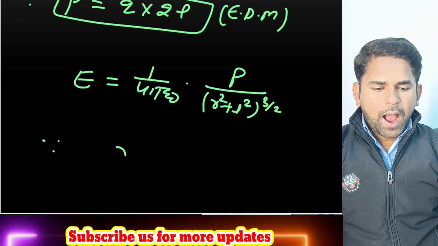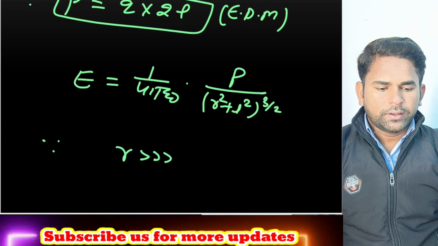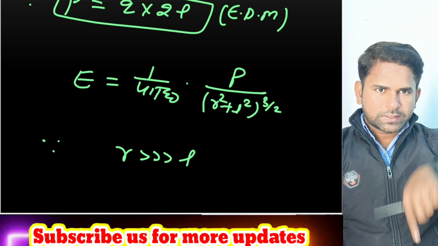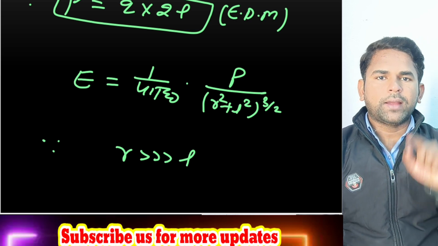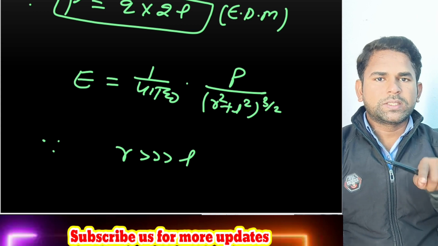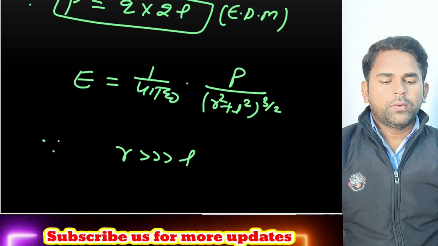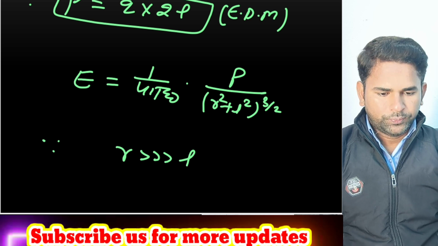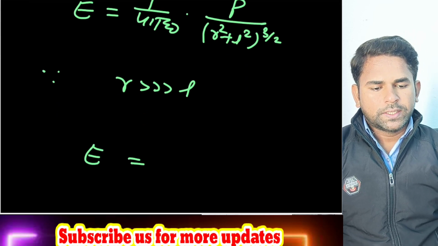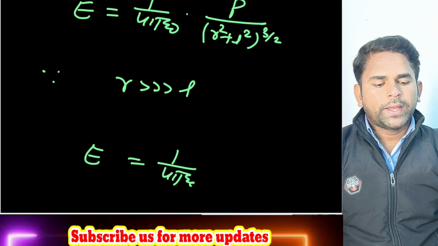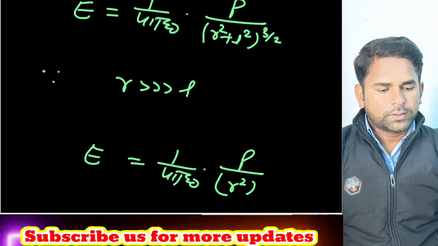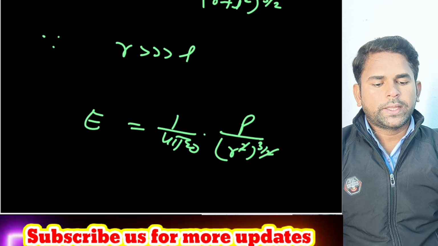Because R is much greater than L, you can see on the diagram. There is R, this distance PO, and R is very much greater than L. So we can leave this L value. So finally we can write E is equal to 1 upon 4 pi epsilon naught into P upon R square to the power 3 by 2, so this will be cancelled.